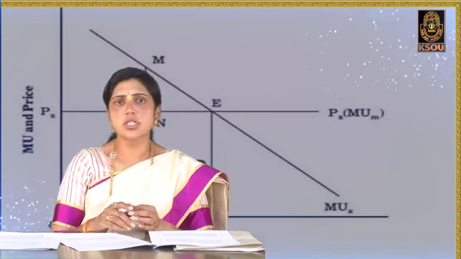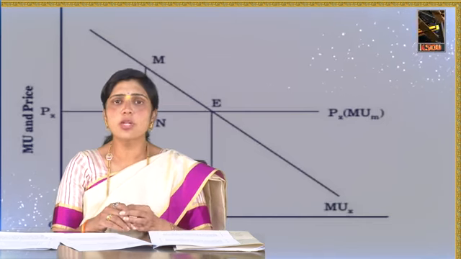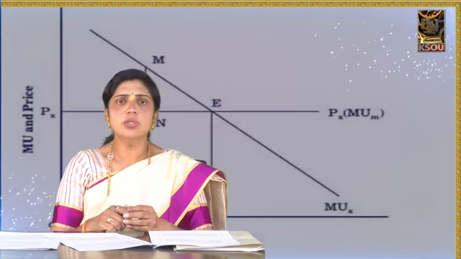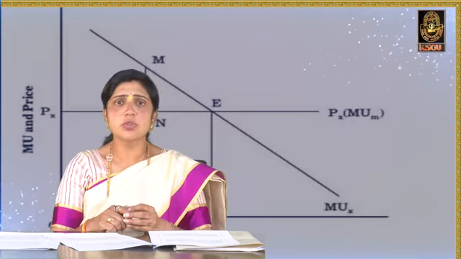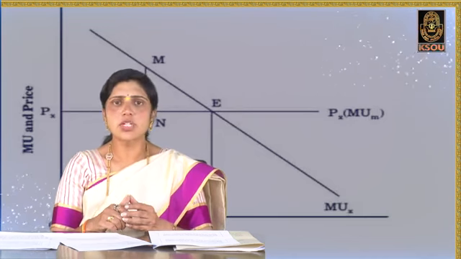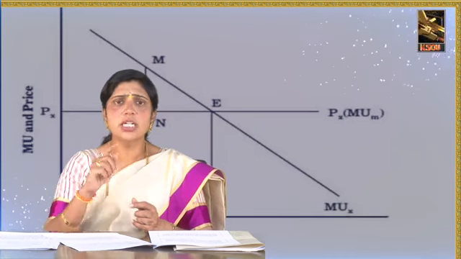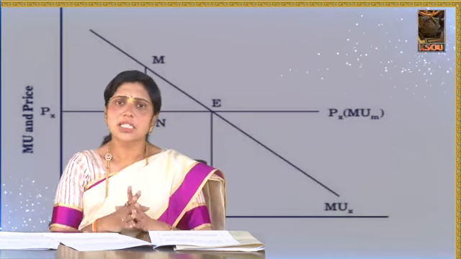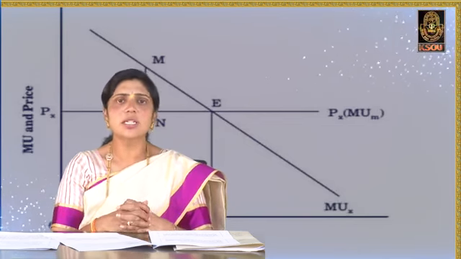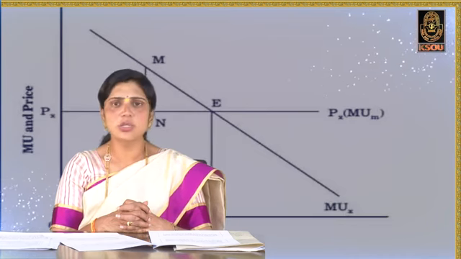Based on the above assumptions, the law states that when a person acquires more and more units of the same commodity at a given time, the utility from the successive units will diminish. For example, the satisfaction which a consumer derives from the first apple will definitely be more than from the second apple. Similarly, the utility derived from the consumption of the second apple will be greater than from the third apple, and so on.